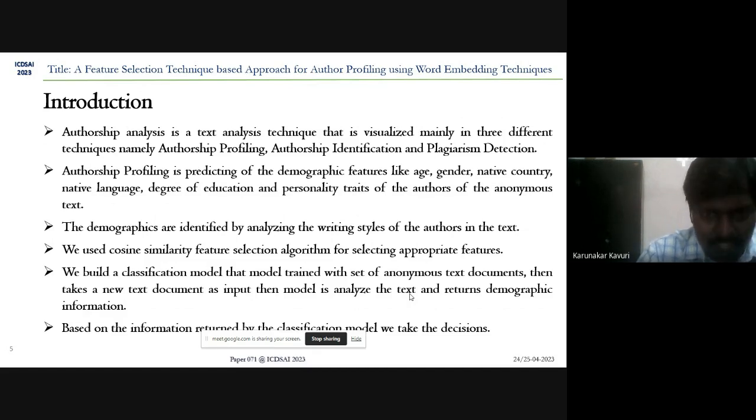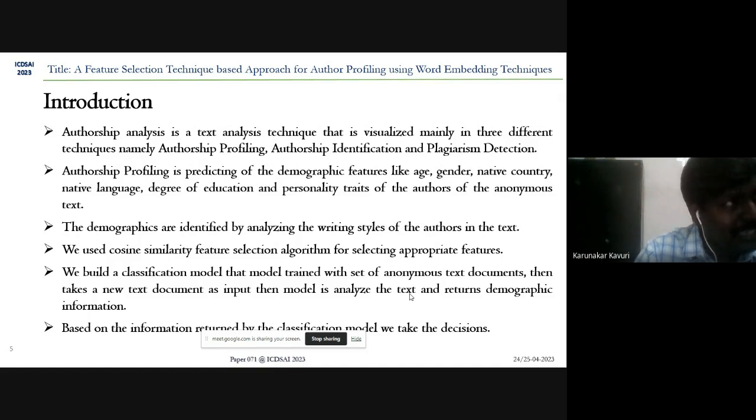Here is some introduction related to authorship analysis. The basic thing is author profiling. It's all about predicting the characteristics of an author for anonymous data. So whatever the data, we predict characteristics like whether the text is written by a male or female, which age group it relates to, what the personality traits of the document author are, and what country and location he belongs to.